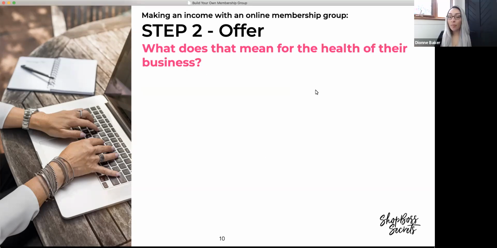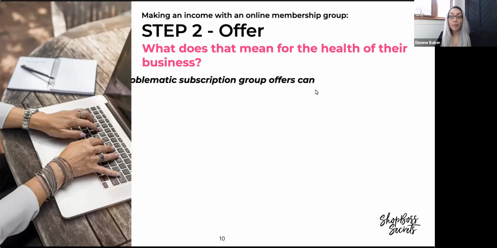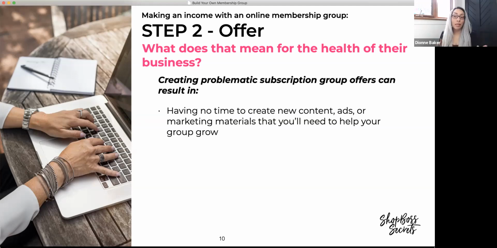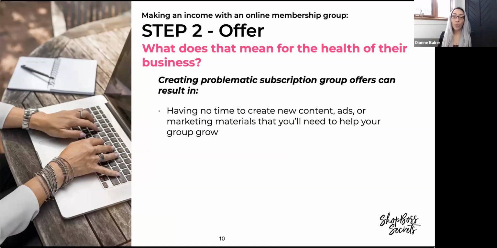So basically, when we're looking at these offers and we're seeing these little missteps that businesses make, what does this mean for the health of their business? It means that a lot of the time, there isn't much time left in the schedule to create new content, to learn advertising, or to make new marketing materials that you'll need to help your group grow.